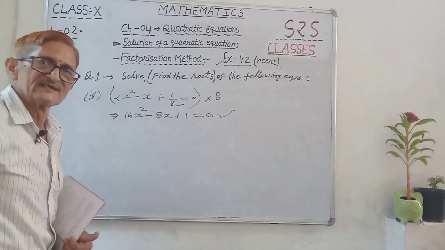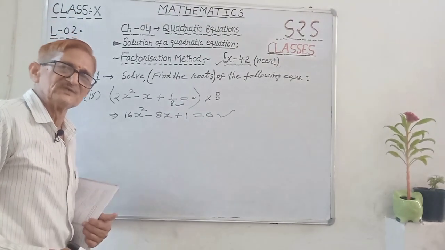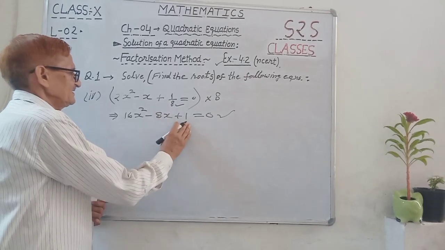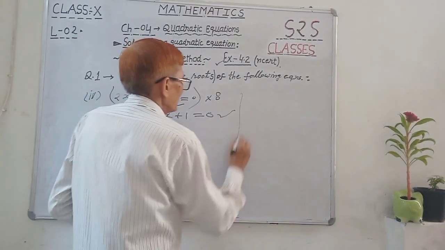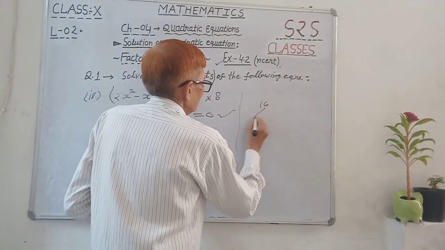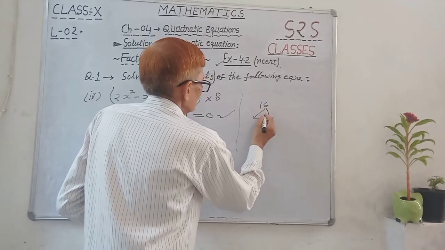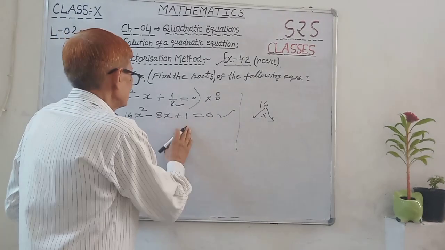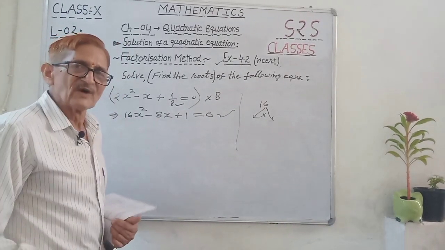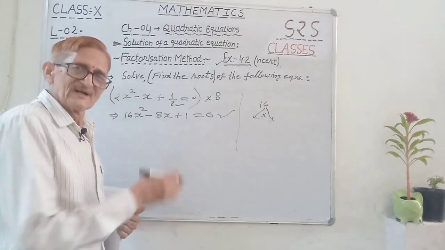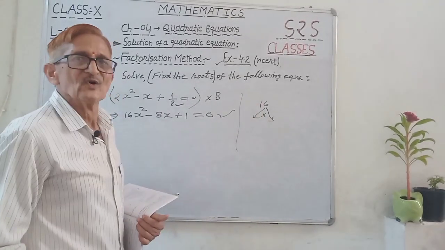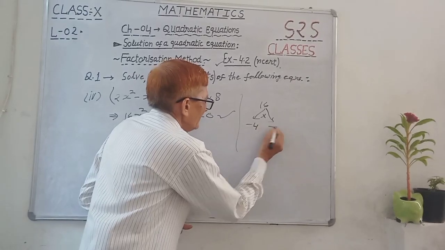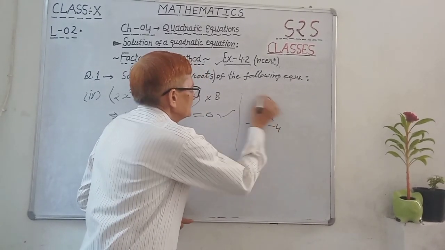This is now a standard quadratic equation, ax square plus bx plus c equal to 0. Now the middle term coefficient is minus 8, and the other terms are 16 and 1. So same method: 16 times 1 is 16, find two factors whose sum is b, which is minus 8. The product is plus, so both must be negative factors, because negative multiplied by negative will be positive 16.